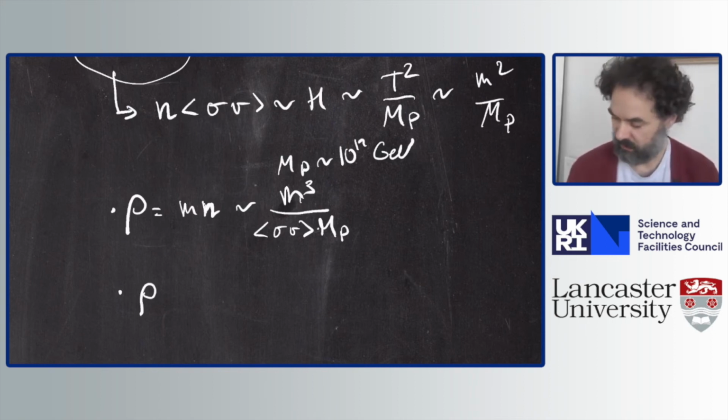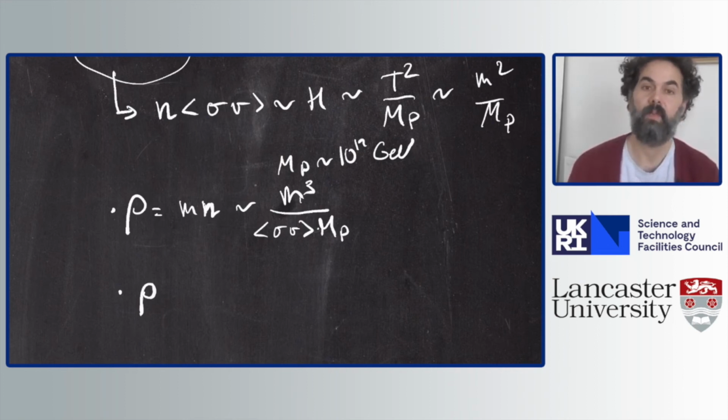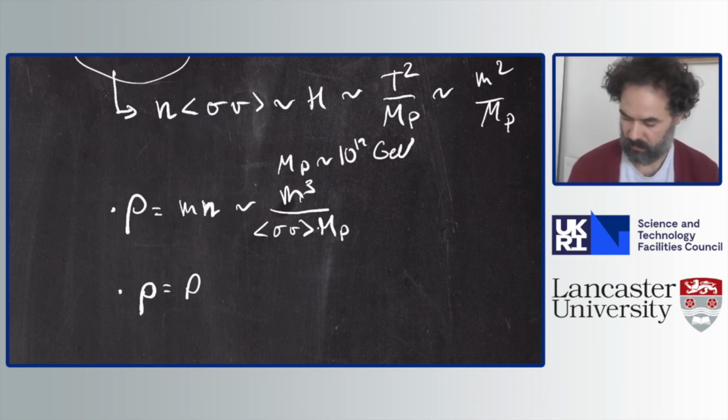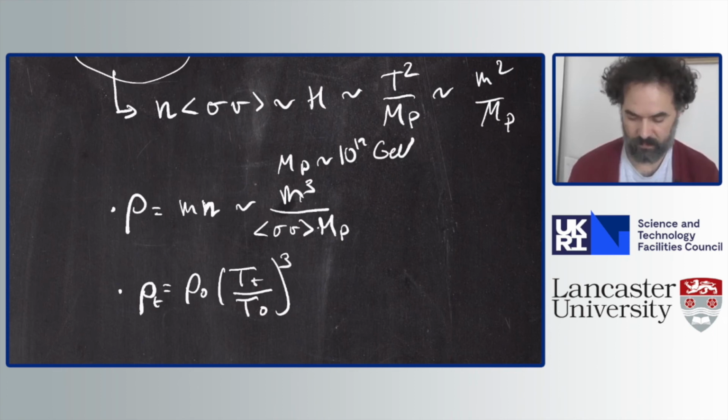The energy density from this moment is the energy density of relativistic particles, which simply dilute. There is no longer any generation or production, they just dilute. So rho at some time t is given by rho at time 0, and then this law.